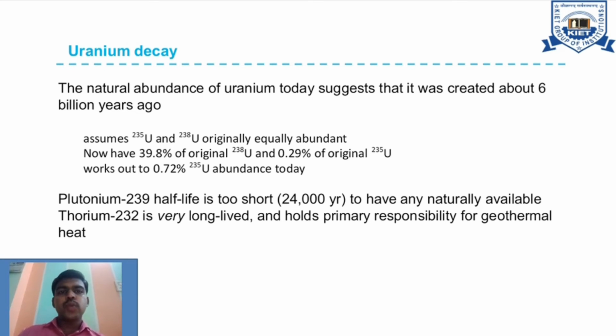We have to work out the 0.72 percent abundance of uranium 235 today. But plutonium 239's half-life is too short for it to be naturally available, unlike thorium. So we have to keep this point in mind, because uranium is very long-lived and primarily responsible for geothermal heat, which is considered in this uranium decay.